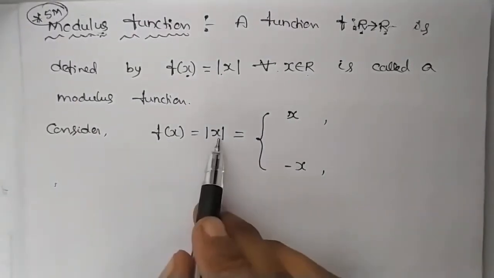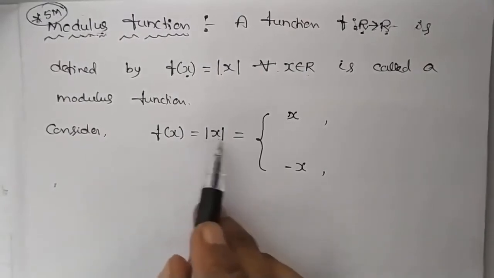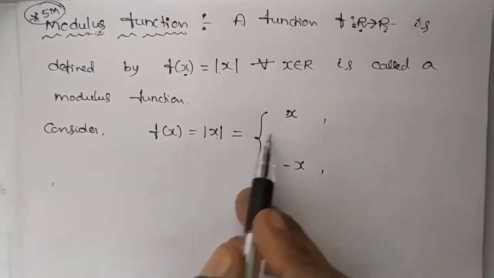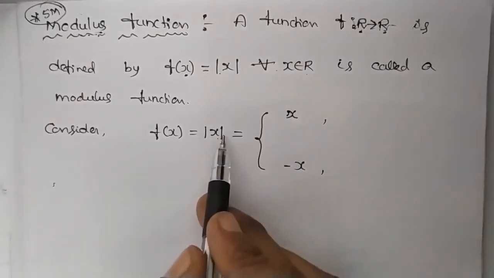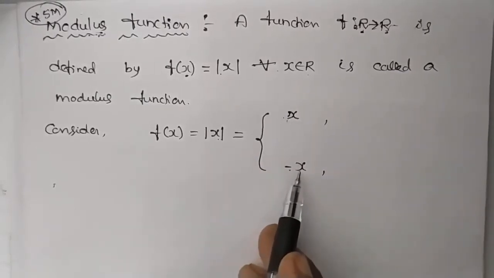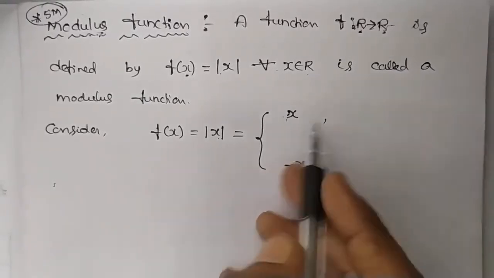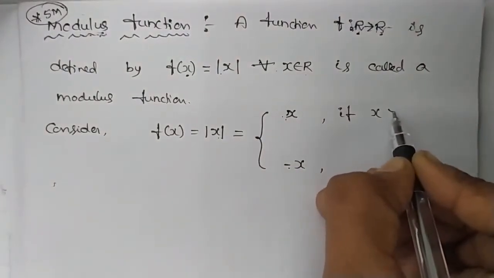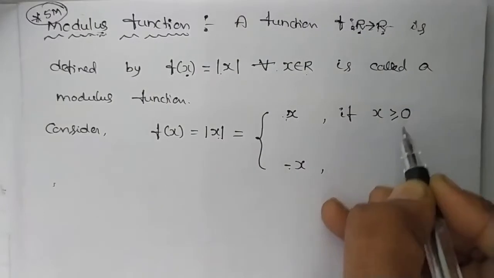Modulus represents a plus or minus. For that plus or minus, we will get two cases, plus x one case, minus x one case. It is x if x is greater than or equal to 0.